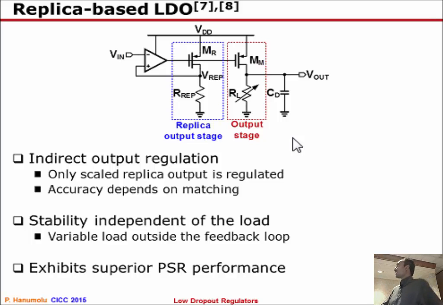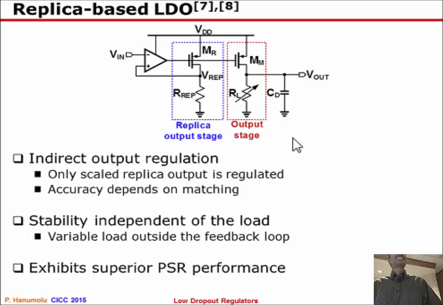So the thinking here is, if I can remove the output stage and place it outside the feedback loop, and then, this is a big if, I have a replica resistor which can mimic the IV characteristics of my load, then I'm going to use that replica here.